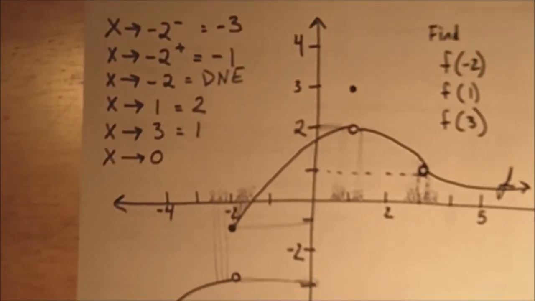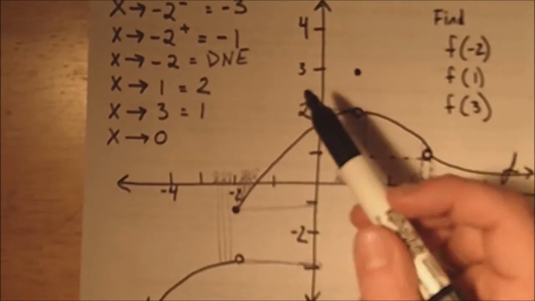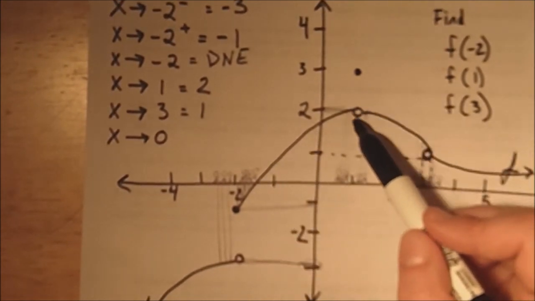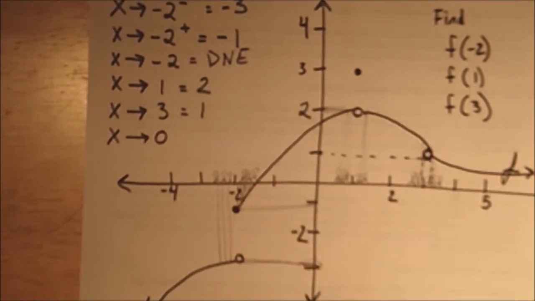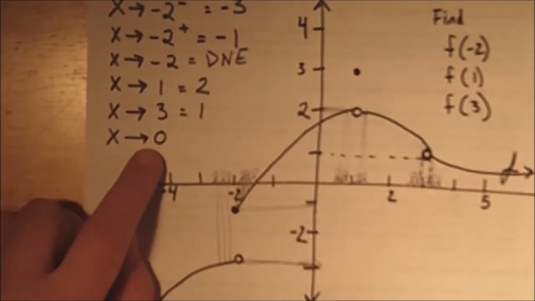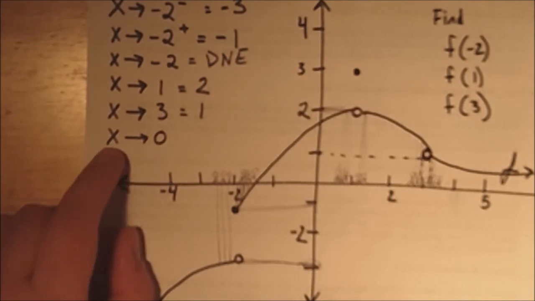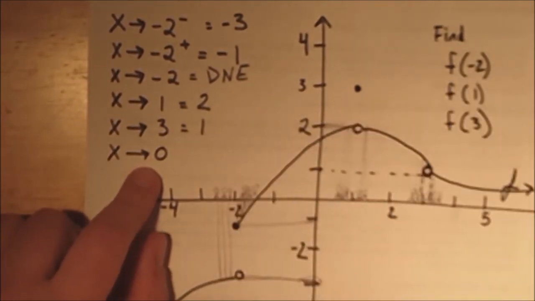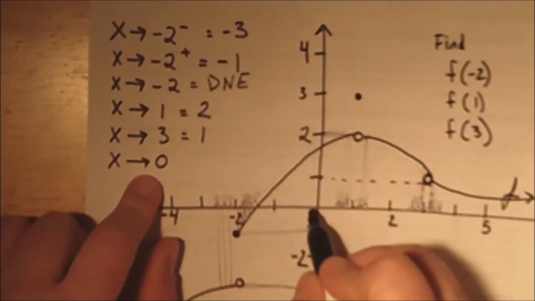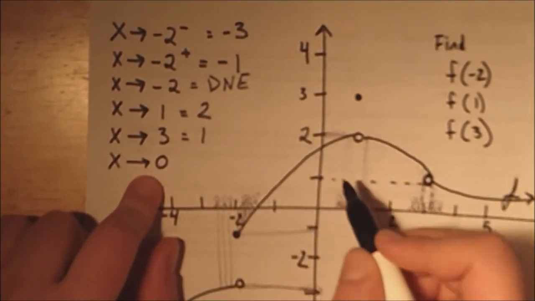And I asked you to find limits in all of the places where strange things are happening in the graph. So we tend to not see a ton of cases where the graphs have open circles or jumps. And so sometimes when I ask a student something very basic, like the limit as x approaches 0, nothing strange is happening at 0. This would be a case where the limit is just the functional value.